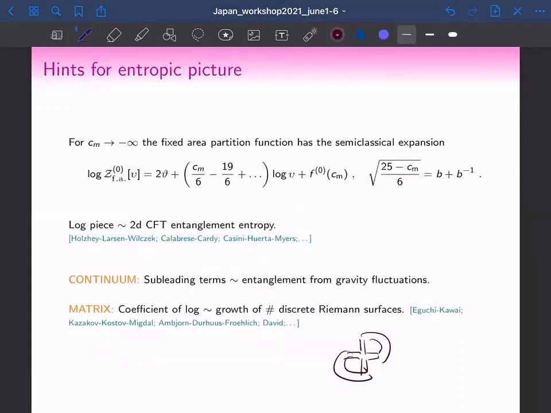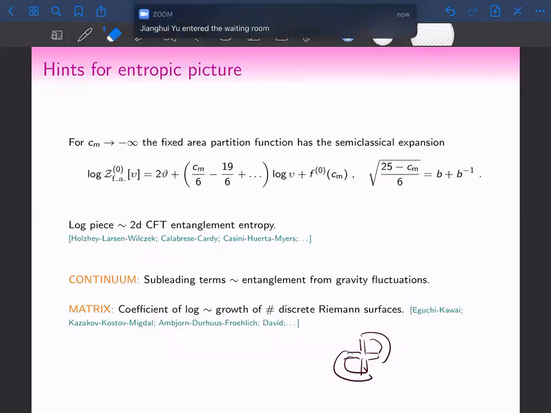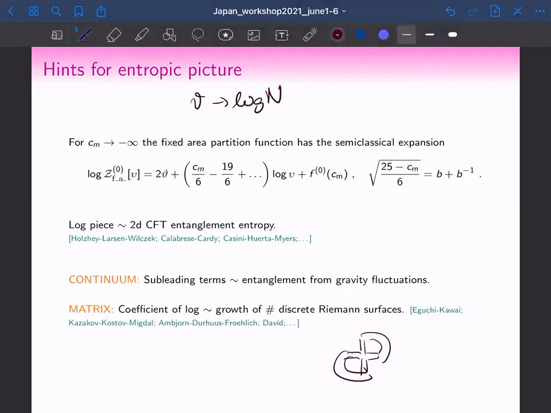If we follow the ideas of Gibbons and Hawking to some extent, this 2 theta over here could be interpreted as the tree level de Sitter horizon entropy. And given that theta is identified with log n in the matrix picture, the tree level entropy in this identification would be n squared.